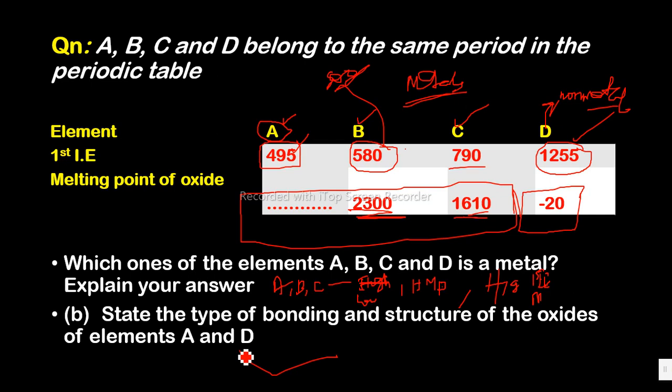For A and D, no, we want the oxides of A and D. It can be metal oxide.